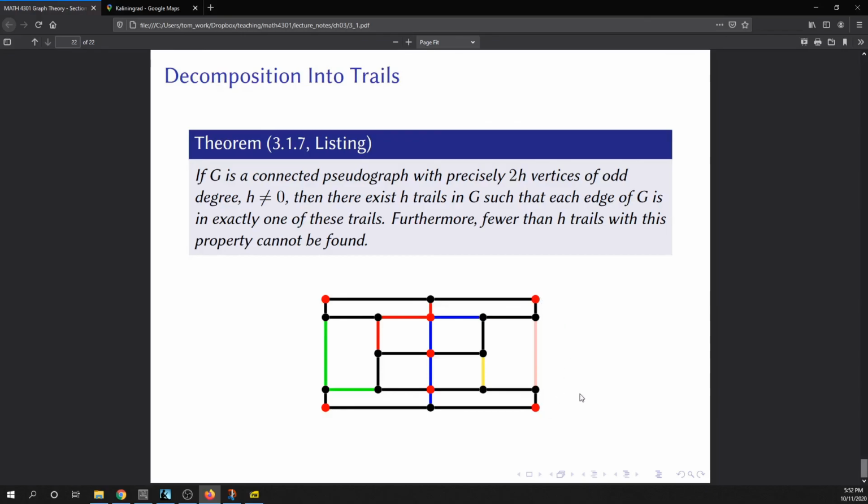When you pair those up, the new graph has every vertex with even degree. Therefore, you have an Eulerian circuit, one that starts and ends at the same place. Then when you remove those edges that you added, you cut that circuit up into H trails. Okay, that's the idea on that one.